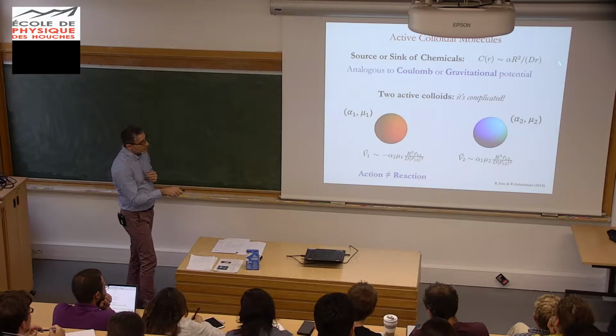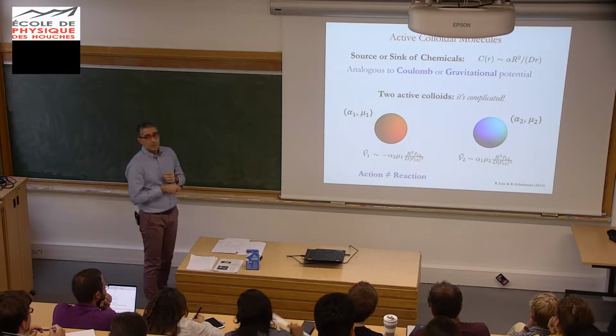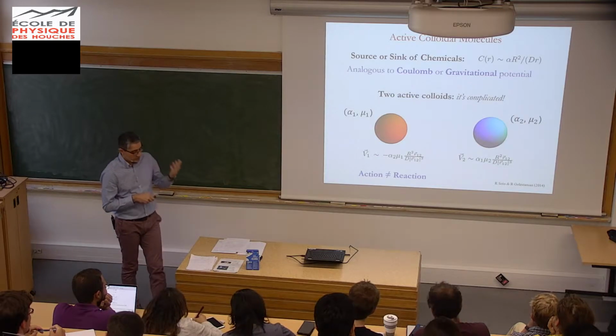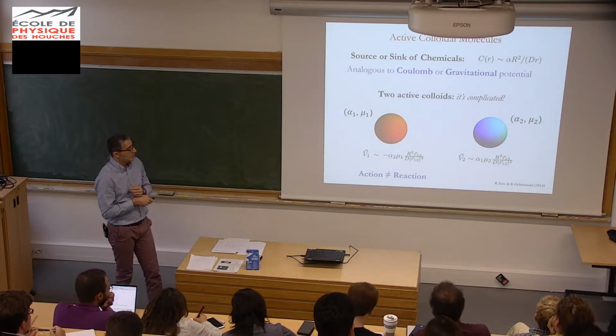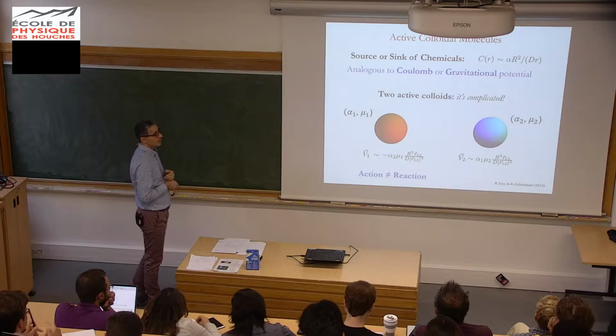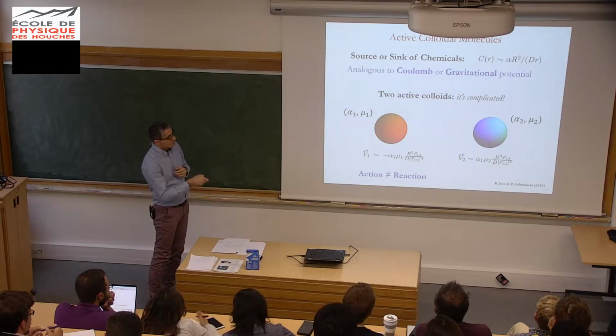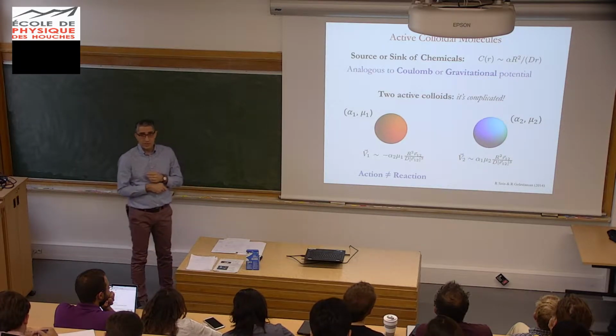Then each particle will interact because of a 1/r potential which is generated by the other one. So you can think of it as a Coulomb interaction or a gravitational interaction. This plays the role of a potential.